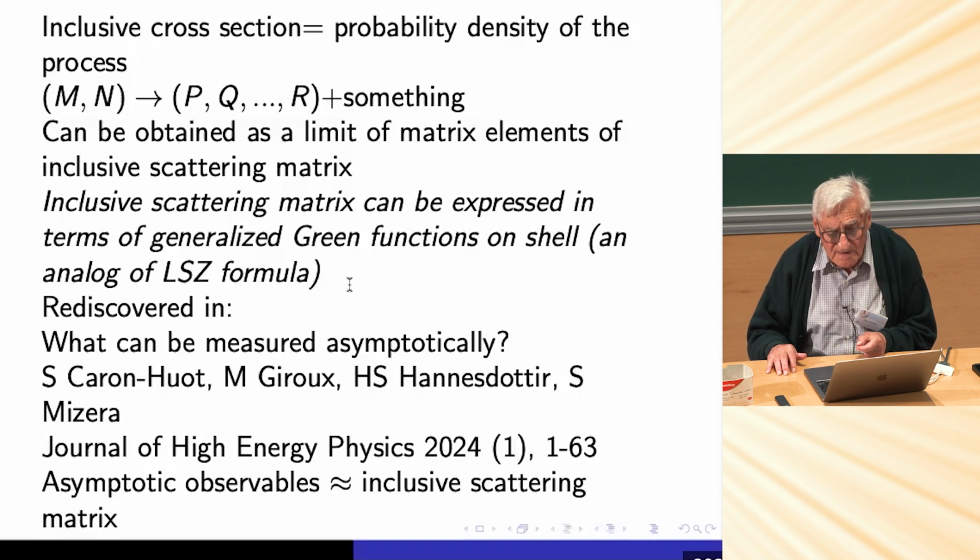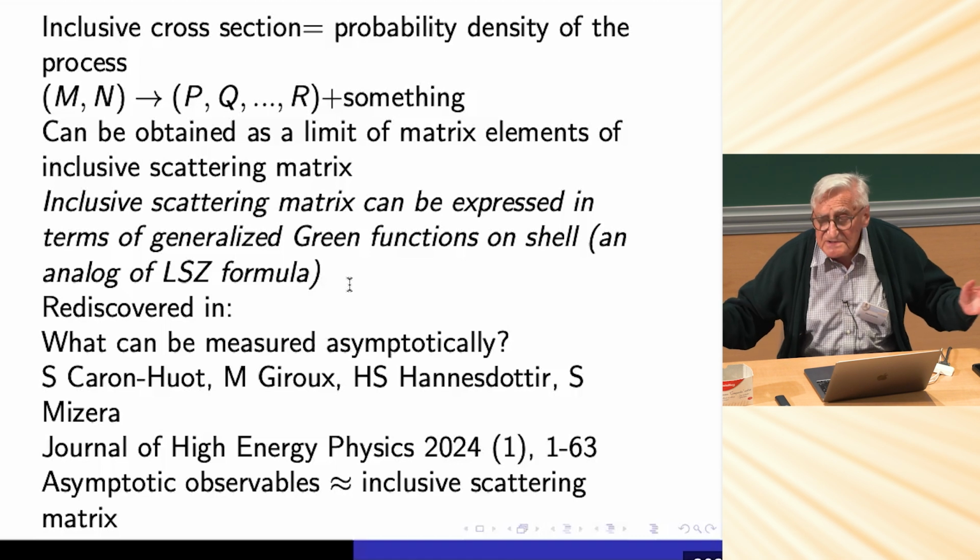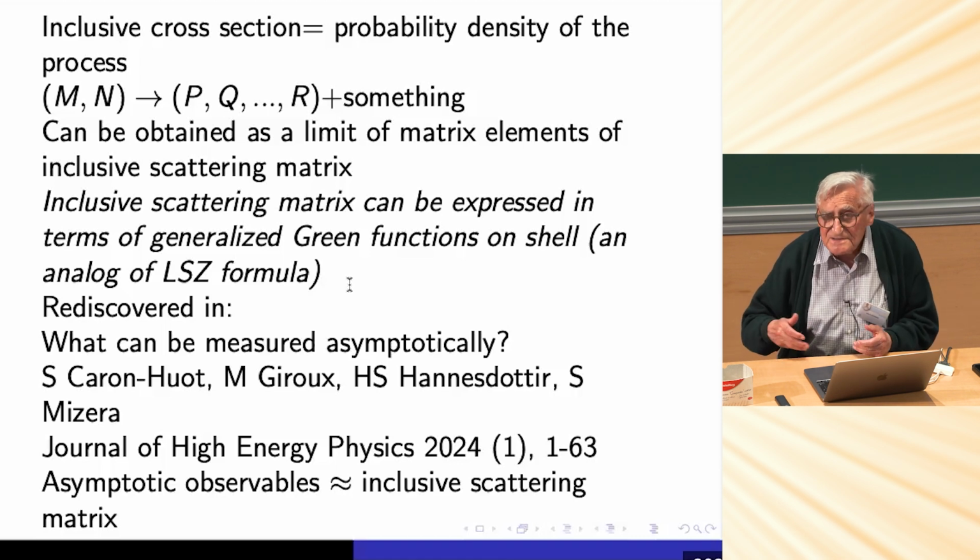However, usually in an experiment you have a possibility to measure only several particles, but you do not see something that appears in this process.